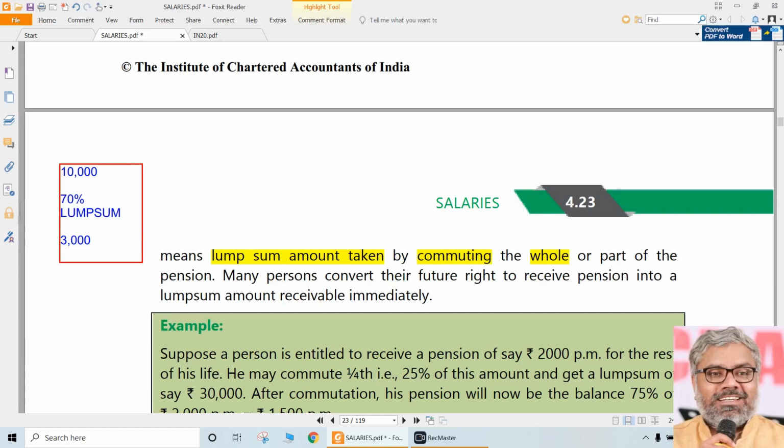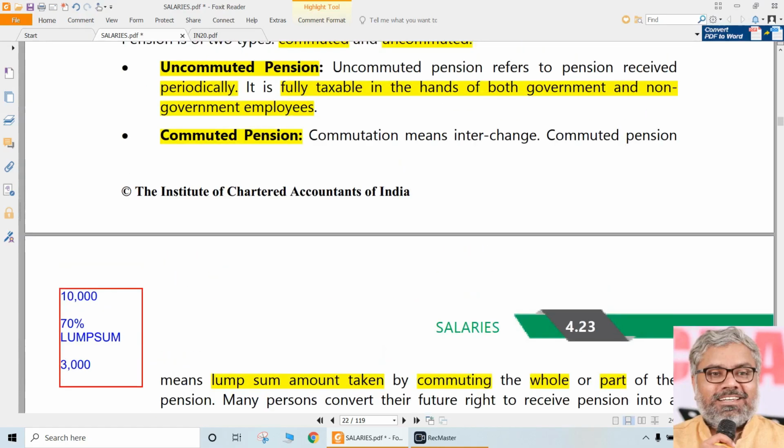Sacrifice, once again, is not that he is doing a favor, but he is exchanging a whole or part of the pension for a lump sum payment to be received immediately after retirement, rather than receiving a periodic payment in future. That's what commuted pension is.